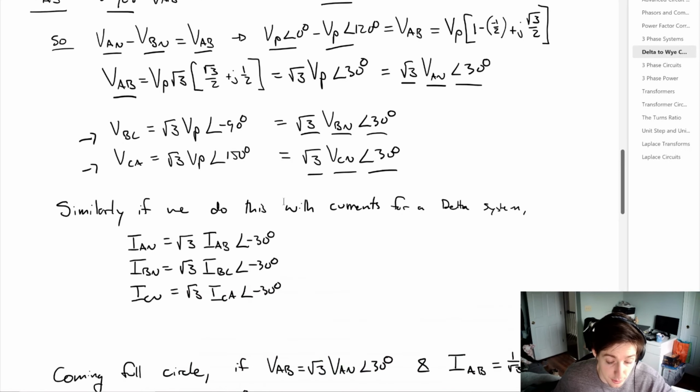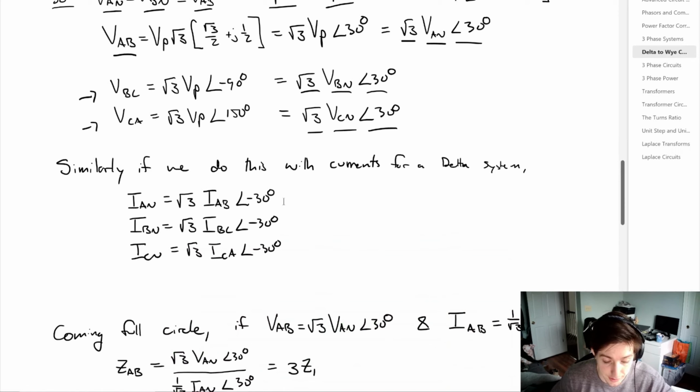Similarly, if we do this for the currents for the delta system, we get a similar relation where IAN is equal to the square root of 3 times IAB, but now you get a phase of minus 30 degrees for IAN, IBN, and ICN. So we have a relation between the voltages and the currents depending on the system that we're dealing with.